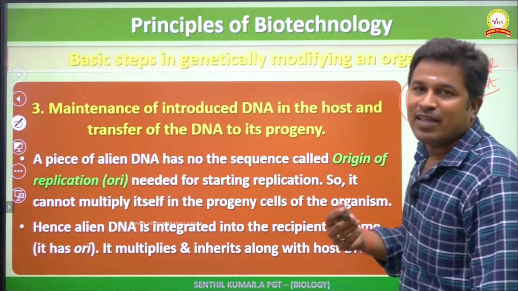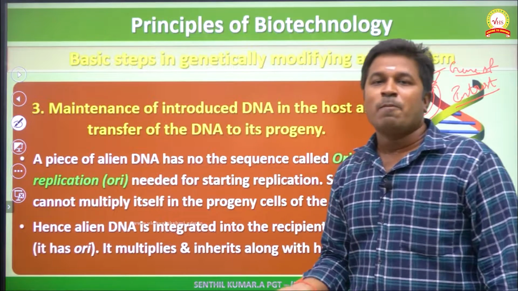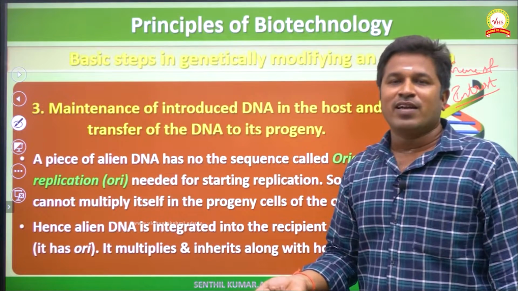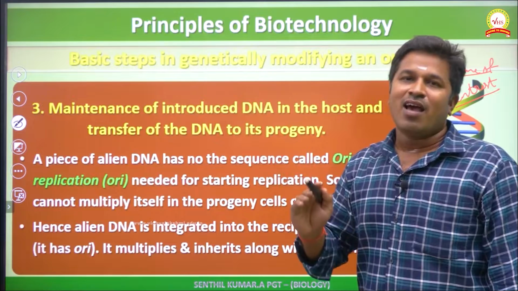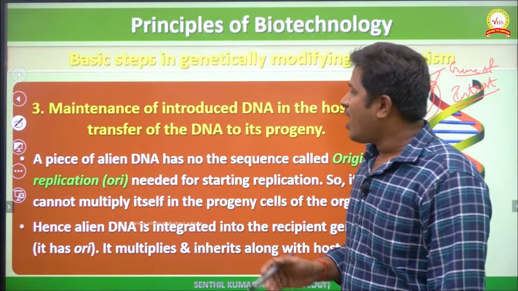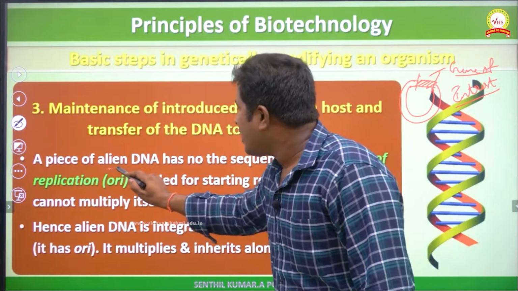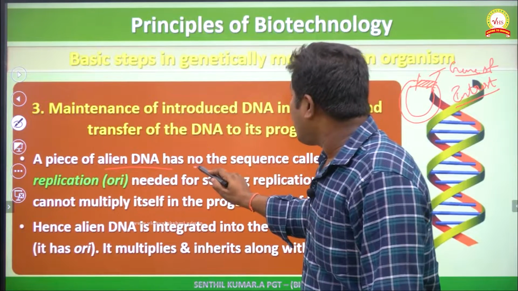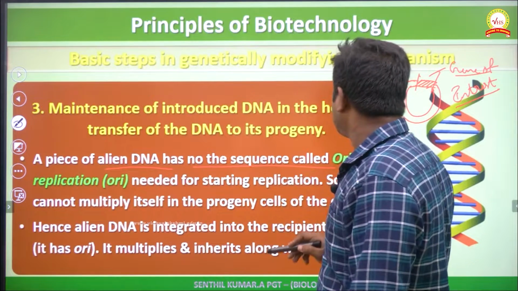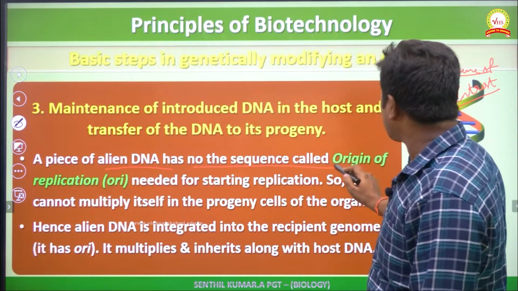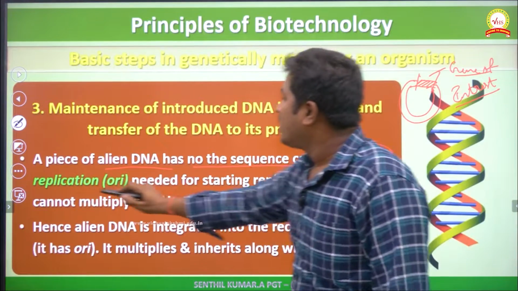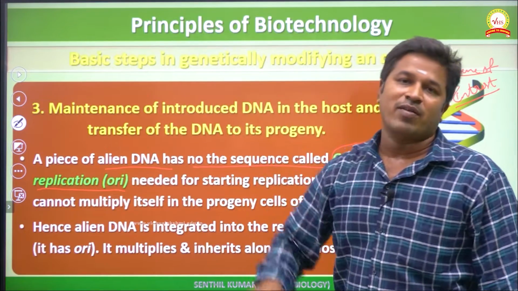For a plasmid vector, it is going to be an alien or foreign DNA. And now a piece of alien DNA has no sequence called the origin of replication. That is a drawback.